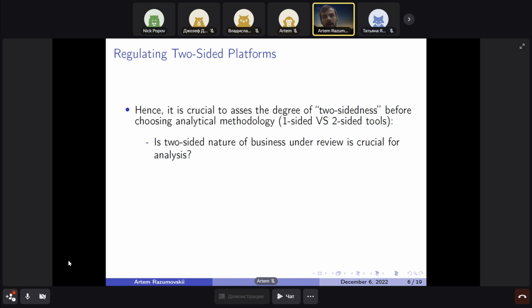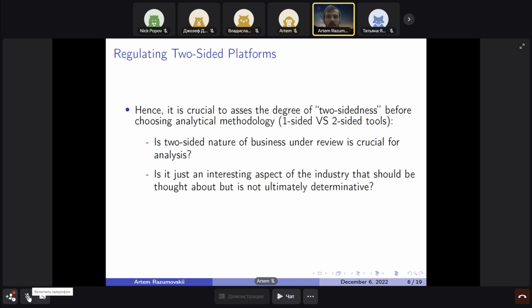So the crucial question here is the nature of the business: is two-sidedness a needed feature of the market which creates the main profits from network effects and externalities, or is it just an interesting aspect of the industry, something additional, so that you have some small effect just because that happens.